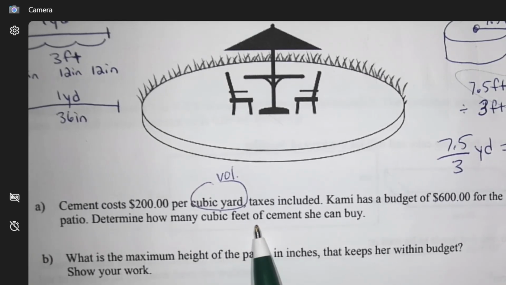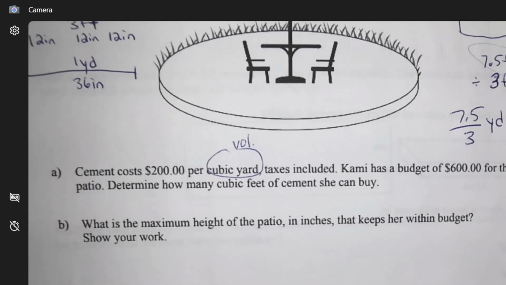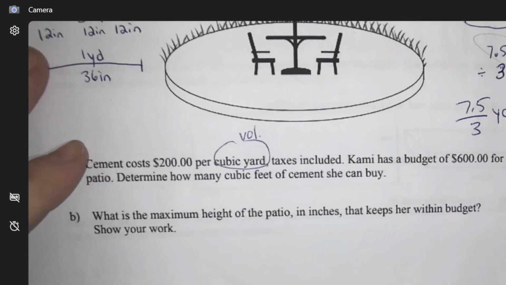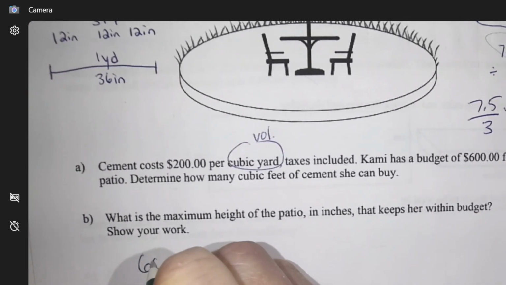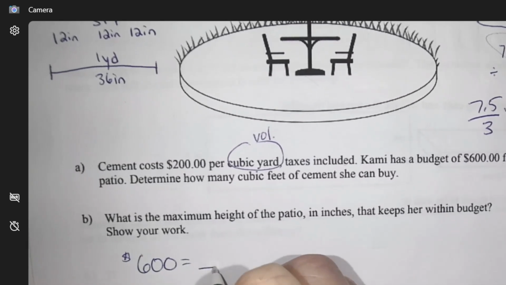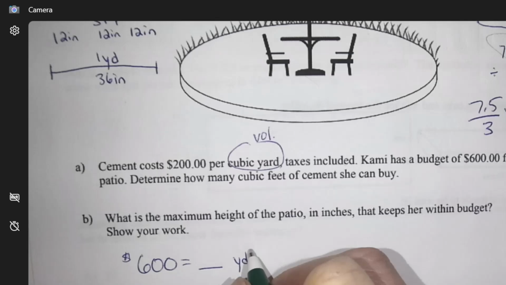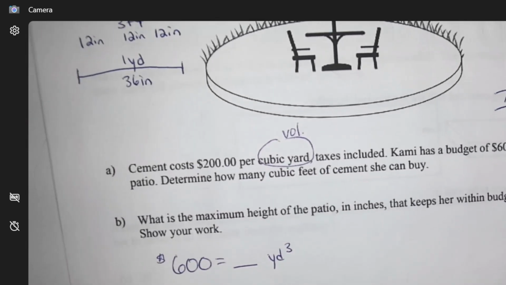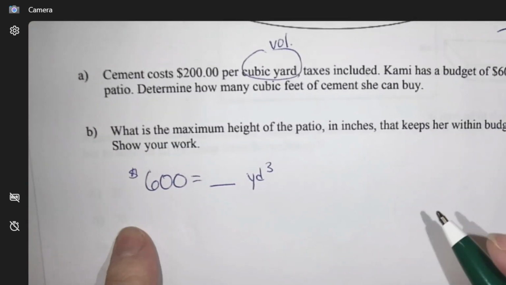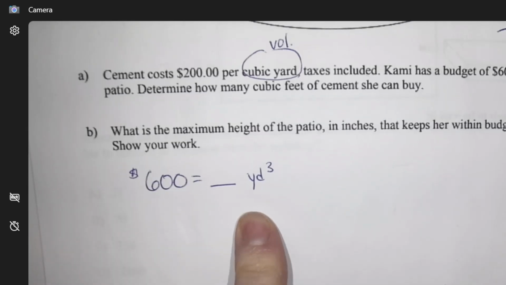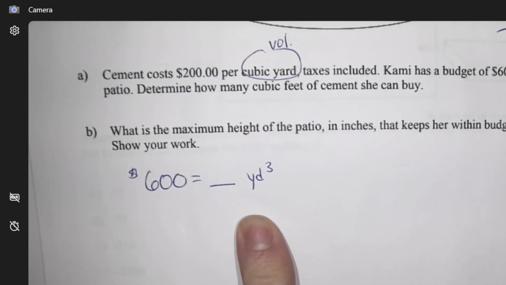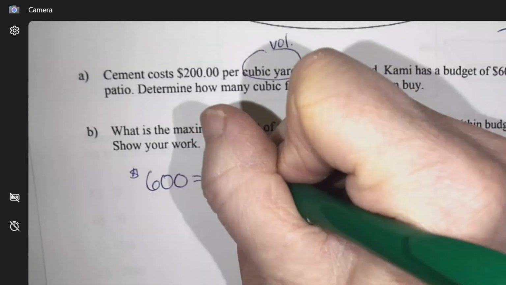So determine how many cubic feet of cement she can buy, and then what's the height in inches. Here's what I know. I want $600. I want to know how much I can buy.